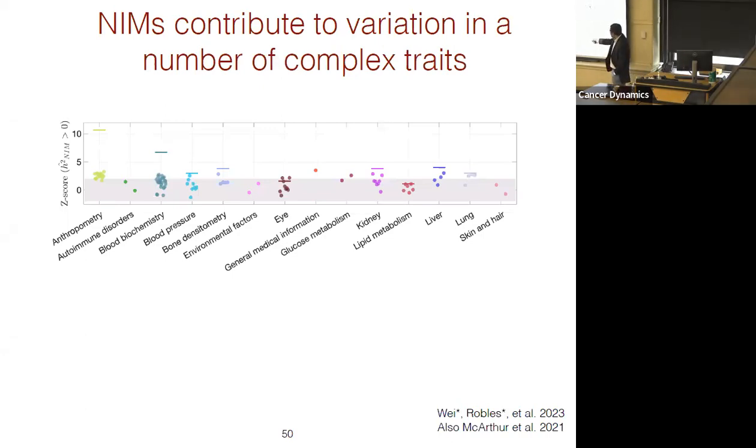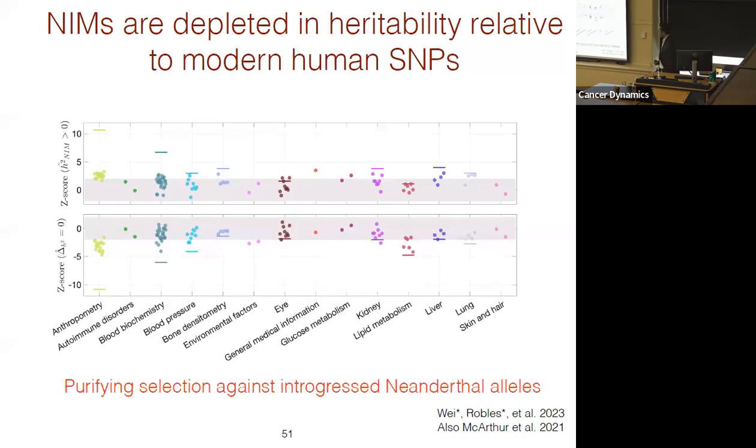The general picture is that things like anthropometric traits, things related to blood biochemistry, bone density, kidney-related function, and liver-related function, which are all from blood lab measurements in the UK Biobank, tend to have non-zero heritability associated with these NIMs. Then we can ask, is there more or less heritability at these NIMs compared to non-introgressed alleles or modern human SNPs?